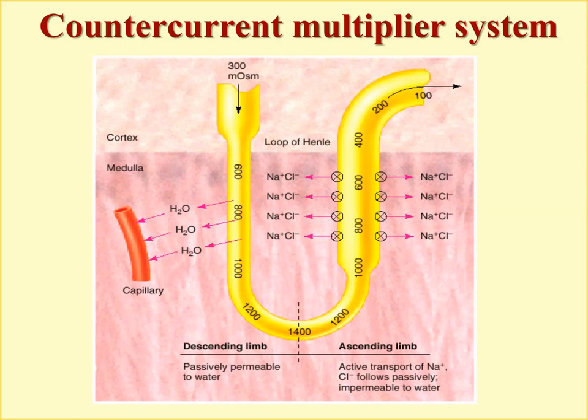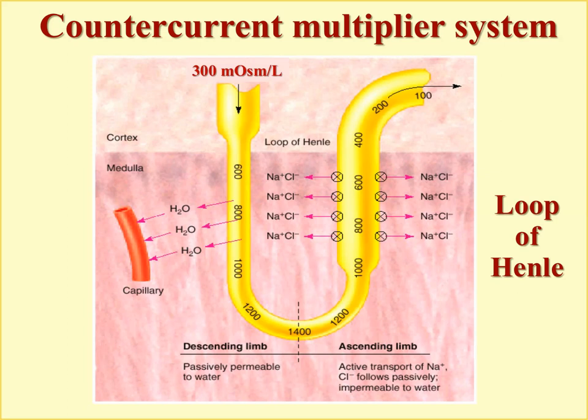This is countercurrent. And while the fluid flows through the whole loop of Henle, the processes increase each other. The process that occurs in the thick portion of the ascending limb is the driving process for the whole multiplier system. And let's observe first from the beginning.